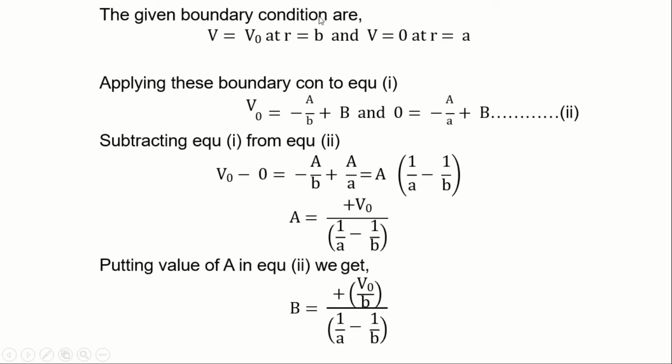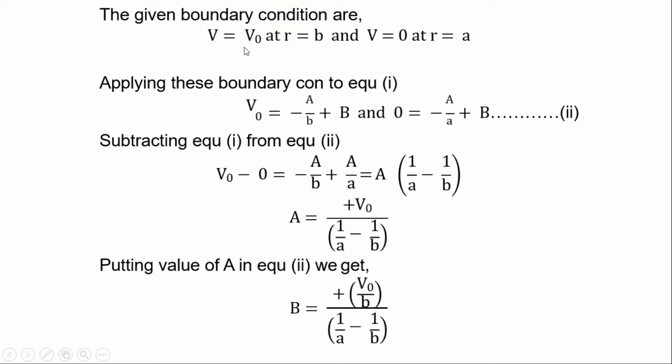There are some given boundary conditions. If you go through the problem well, then you can get to know the boundary conditions. At r equal to b, V equal to V0, and at r equal to a, V equal to 0. This is the boundary condition.